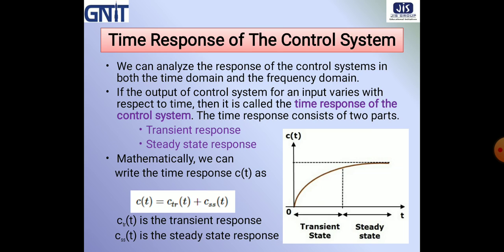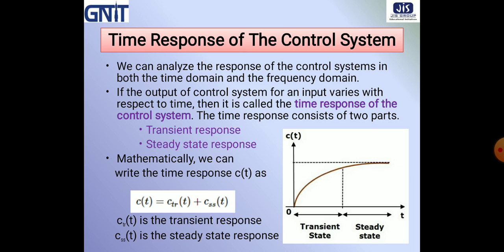So mathematically, the total time response of a system can be expressed as small c(t), where c is the time response and t is time.